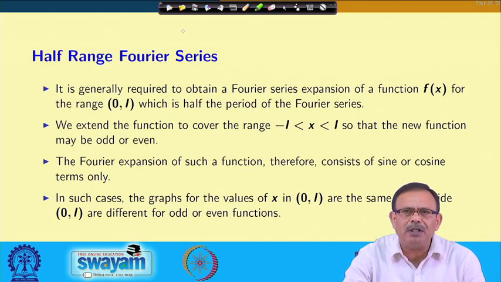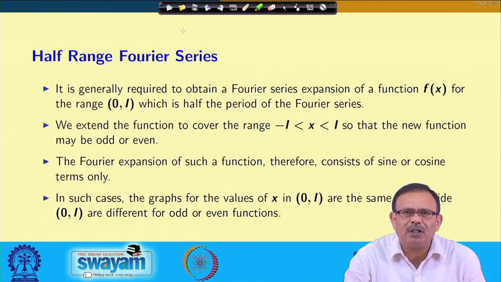So, the basic idea is whenever the function is defined in 0 to L, I will redefine the function in 0 to minus L also, so that the function is now defined in minus L to L, and I will do it in such a fashion that f x will be either an even function or an odd function.